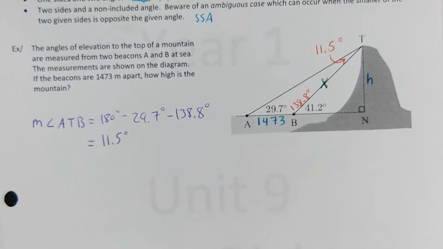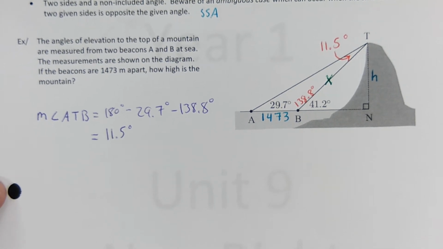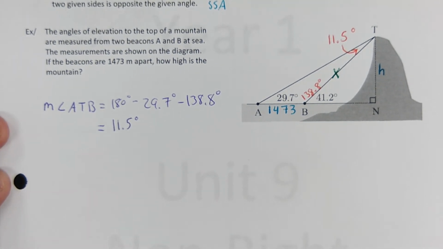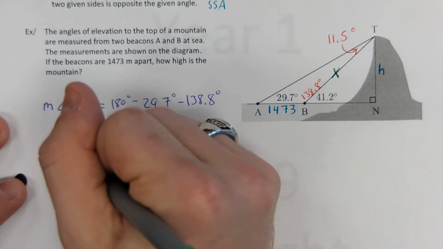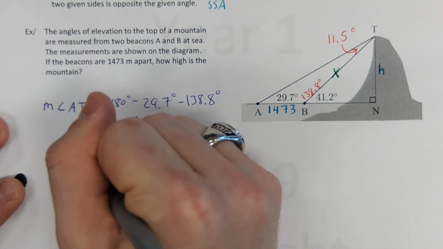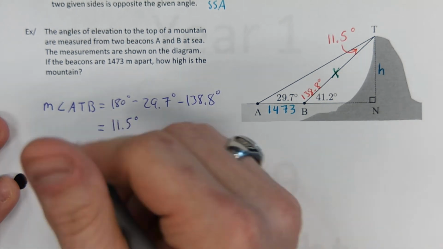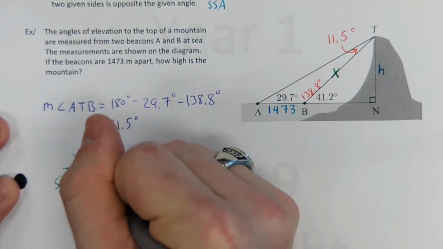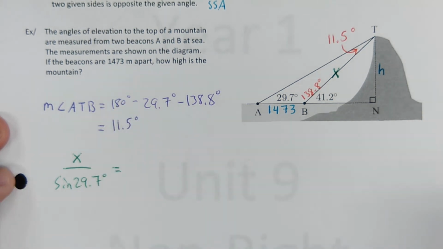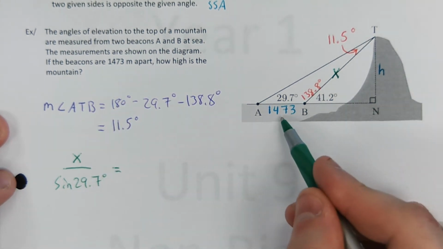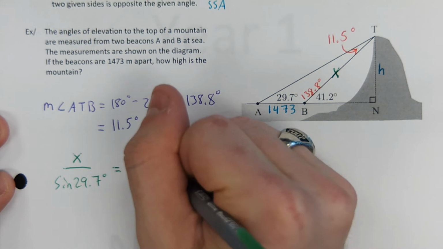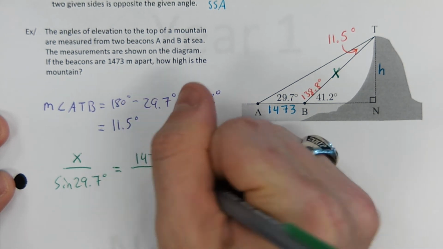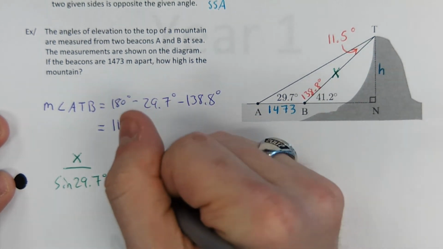Since I wrote x in green, I'll do all this work in green for solving for x. I know that side length x over the sine of the angle across from it, so we're using the sine rule here, sine of 29.7 degrees, is equal to side length 1473 divided by the sine of the angle across from it, which is 11.5.